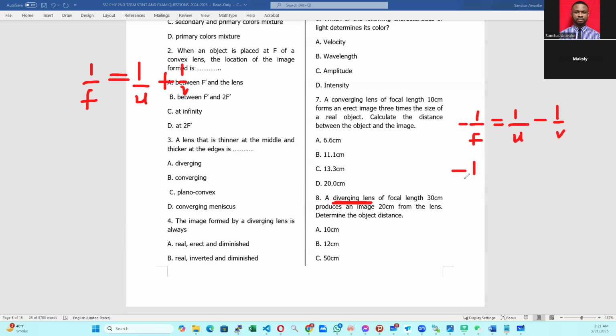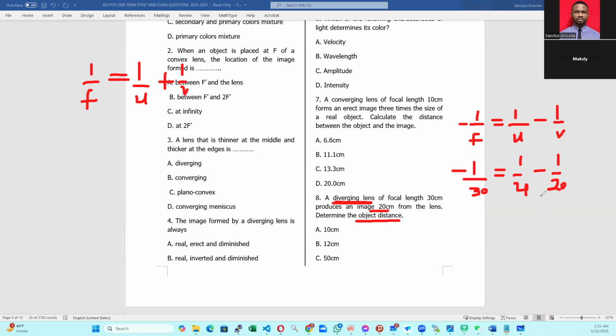So you have minus 1 over 30 equal to 1 over u. Because you are determining the object distance, your u is the object distance. Then minus 1 over v, which is the image distance. That is what? 20. Then you throw minus. I notice that you are always careless.